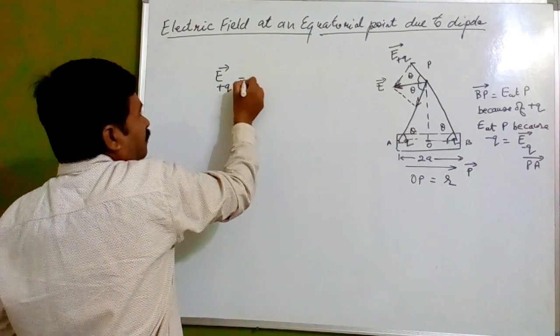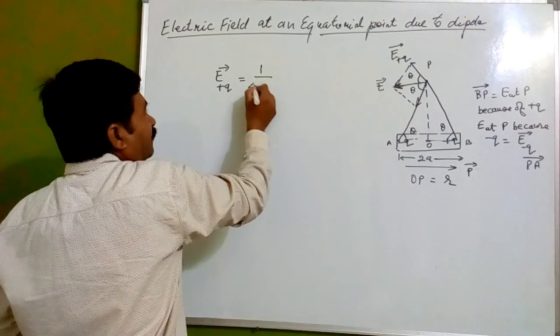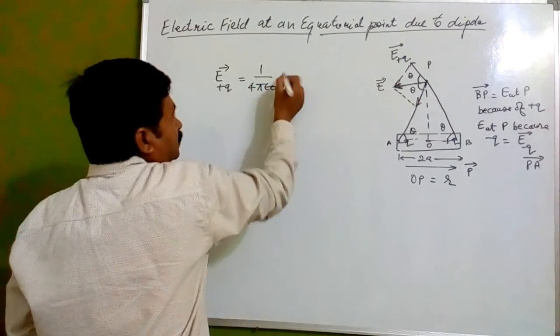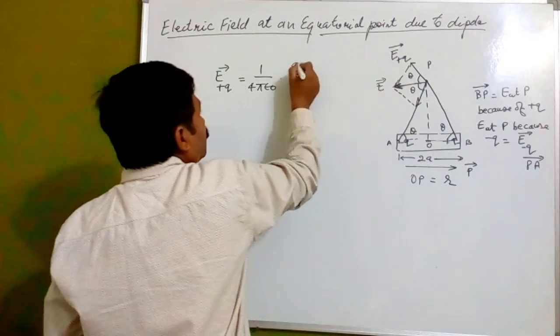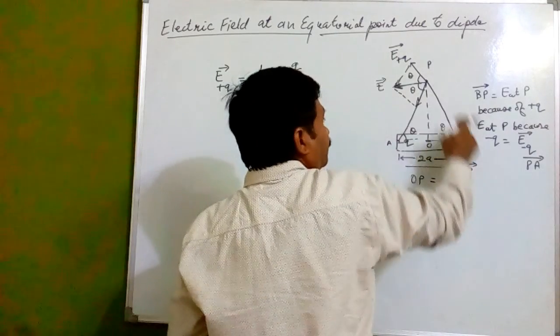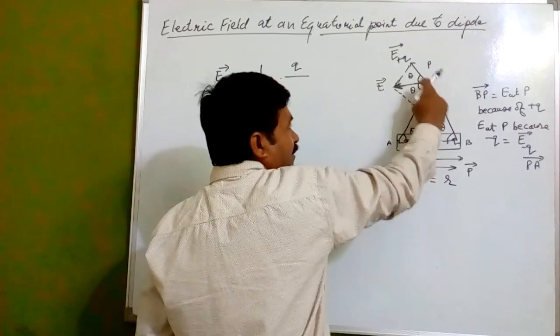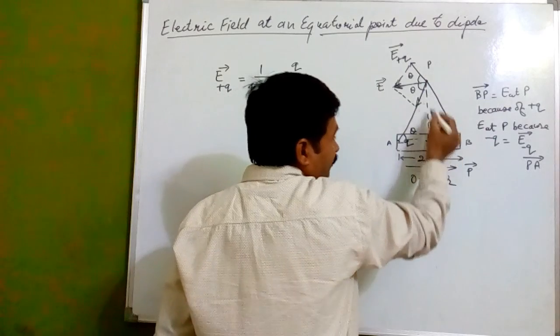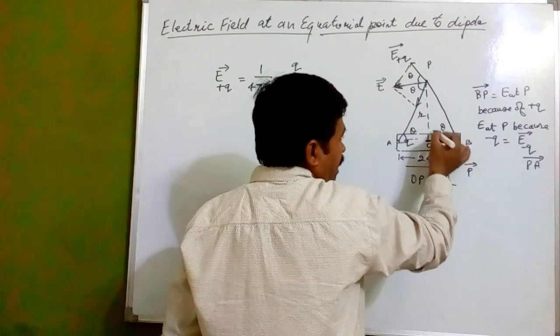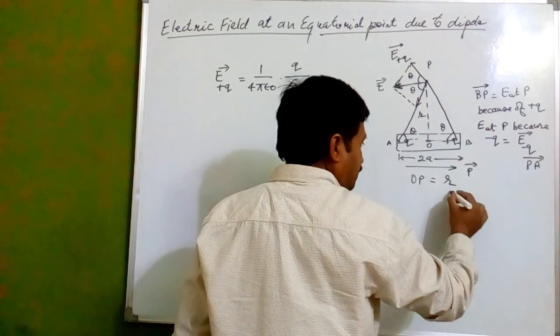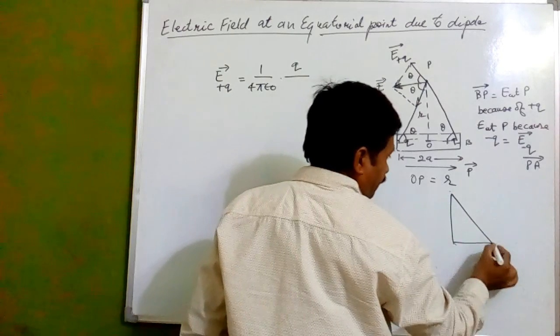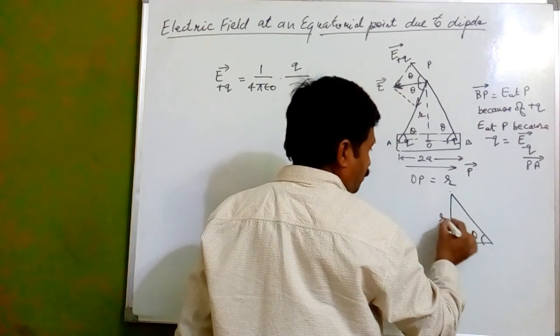The electric field will be 1 upon 4 pi epsilon naught into Q upon the distance squared. Now we have to take this distance, so we go with Pythagoras, because this distance is r, this distance is a, and this angle is theta.